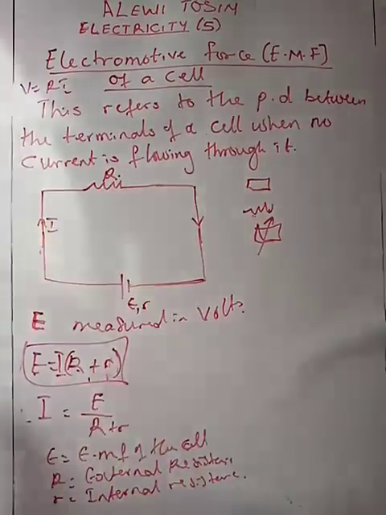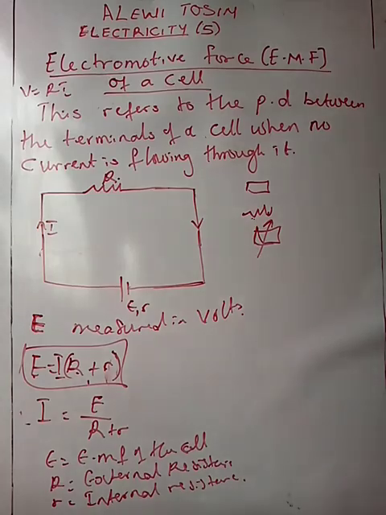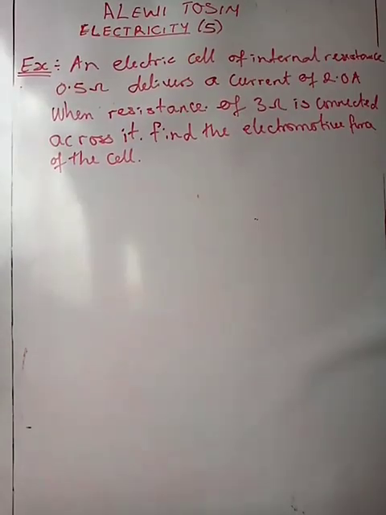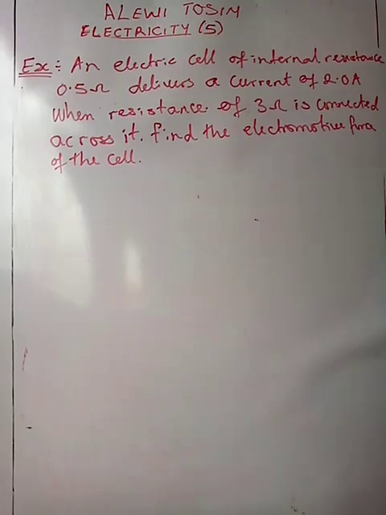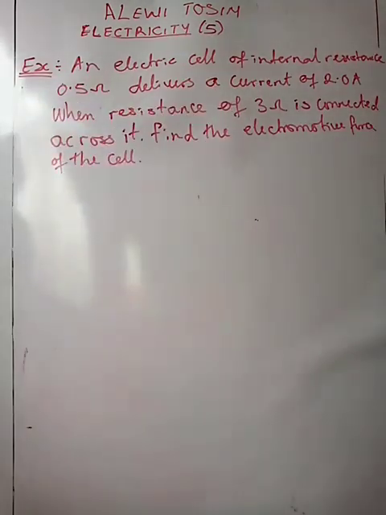Our electromotive force. Alright, now let's take this example. An electric cell of internal resistance 0.5 ohms delivers a current of 2.0 amperes when a resistance of 3 ohms is connected across it.